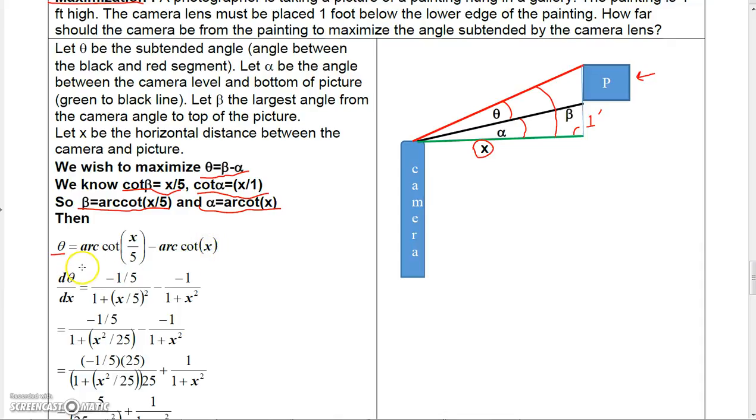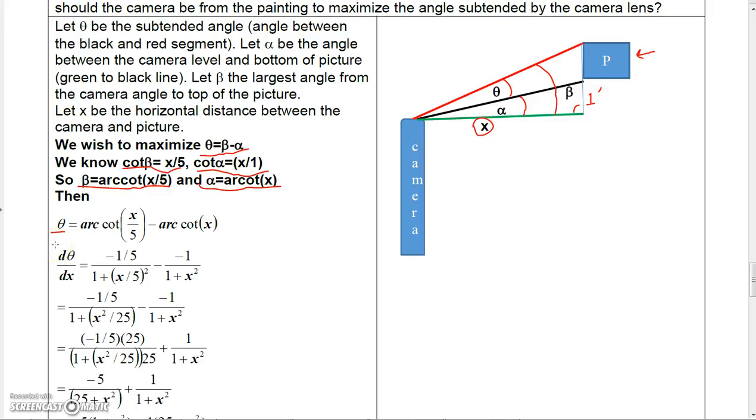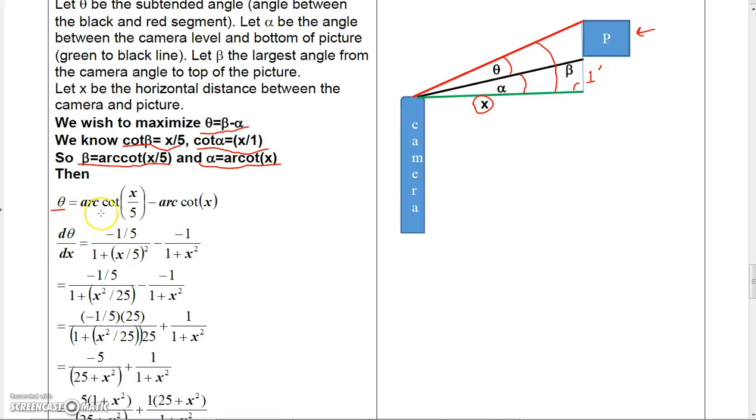Now I can take the derivative of theta with respect to x, and you'll have to go back and look at your formulas for the derivative of arc cotan, but basically it's minus u prime over 1 plus u squared.